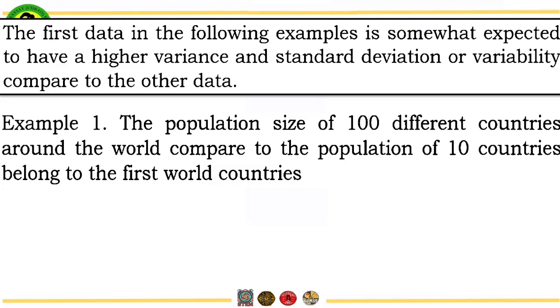That is the first data, and it consists of 100 different countries compared to the population size of only 10 first world countries. Therefore, the larger the population or the sample size, the higher the variance, the standard deviation, or the variability of what you are getting. Let's have example number 2.